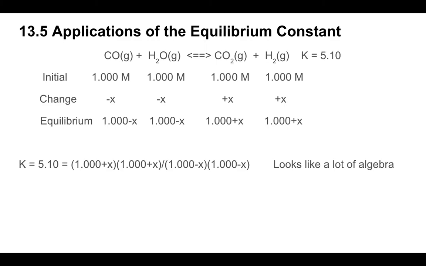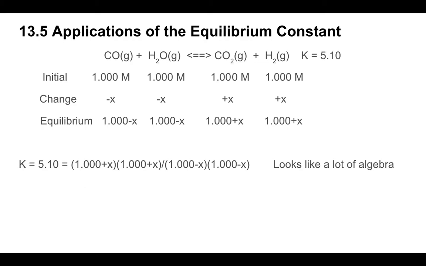I'm going to make more CO2 and hydrogen, an X amount, and I'm going to use up an X amount of the carbon monoxide and water. So my equilibrium is going to be in algebra form 1 minus X, 1 minus X, 1 plus X, and 1 plus X. So then I plug those algebraic formulas in to the K expression.